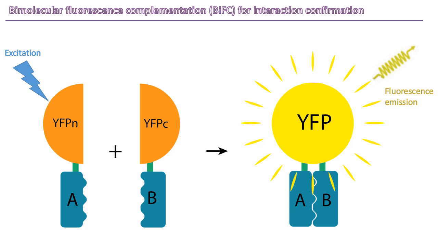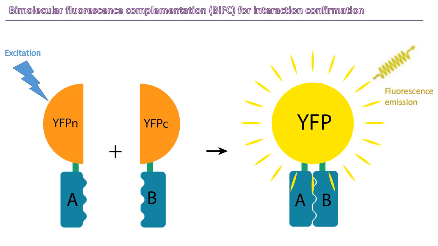If I find any interaction in the yeast, I can confirm that interaction in planta. BiFC is one of the methods to determine that interaction. The principle of BiFC is based on the yellow fluorescent protein emission signal.